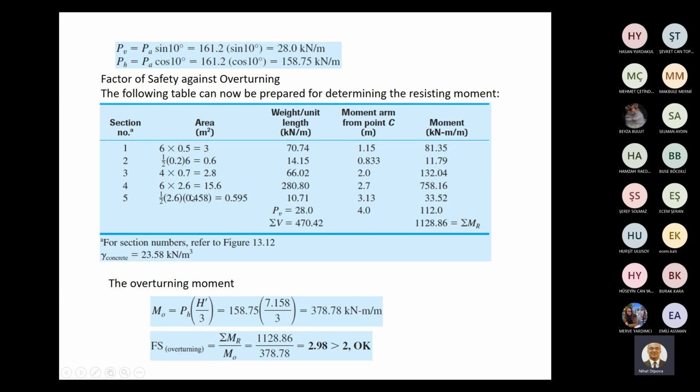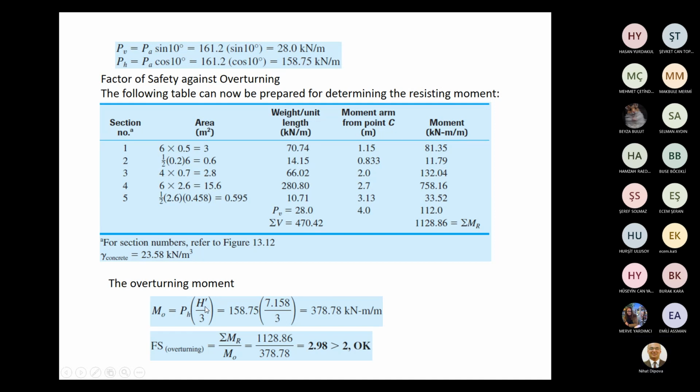Applying the same principle for other sections, at the end we will have P sub V total vertical force, and finally summation of resisting moment. We will put these values to the equation.